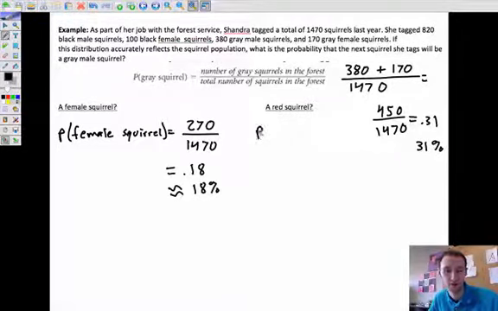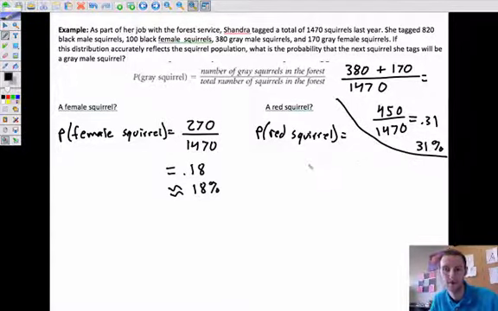If we're looking for a probability of red squirrel, if we go back and read this problem, there are 820 black male squirrels, 100 black female squirrels, 380 gray male, 170 gray female. It doesn't say anything about red squirrels.